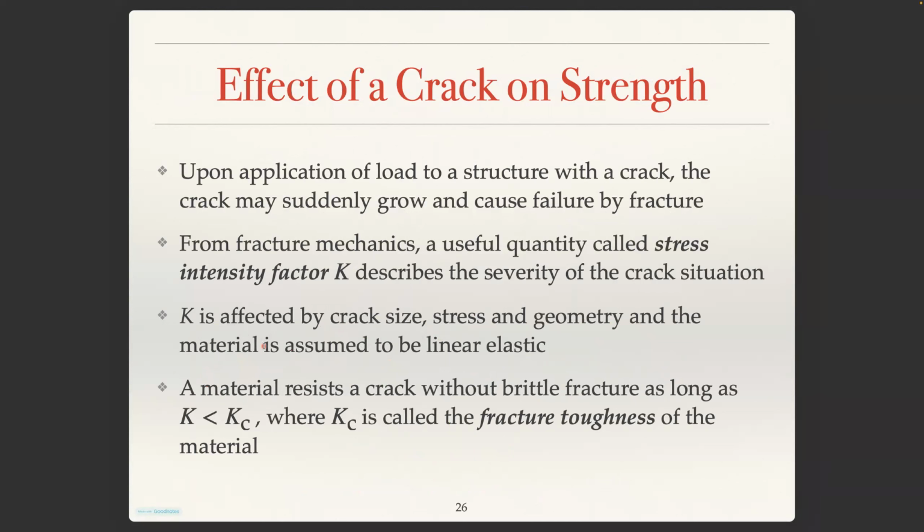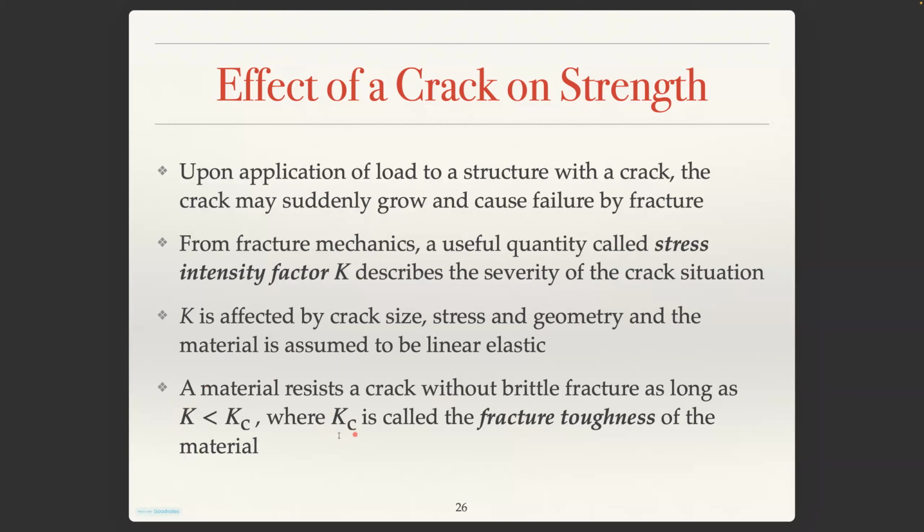Earlier what we said was the crack will grow when the energy release rate G is greater than the critical energy release rate Gc. Now we can say that a crack will grow when the stress intensity factor K is greater than fracture toughness, Kc.